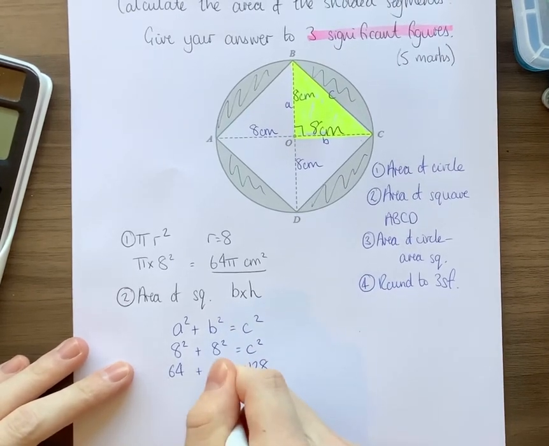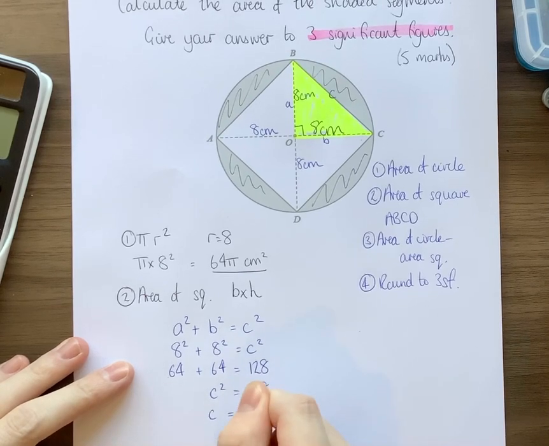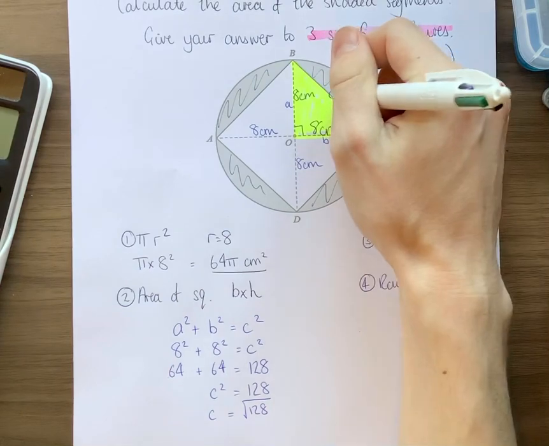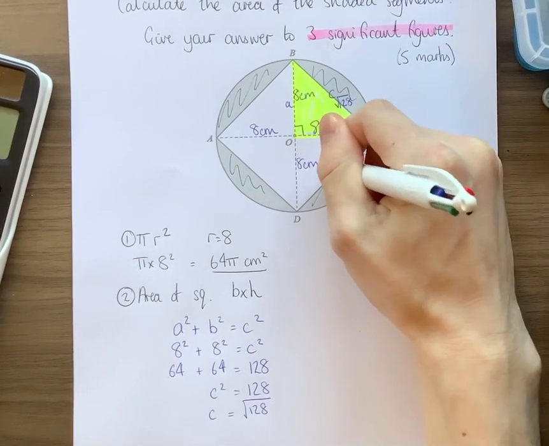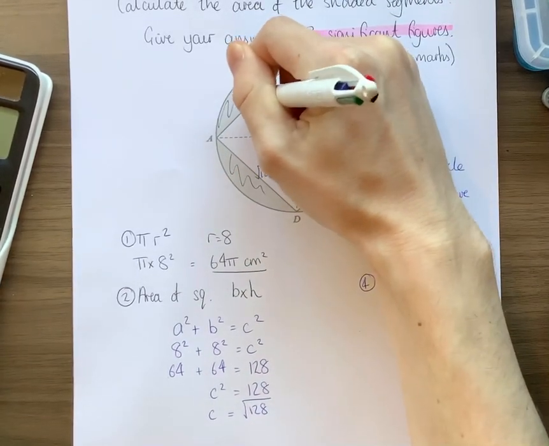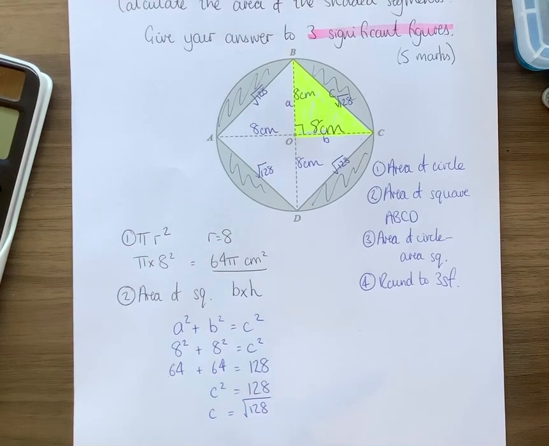So I know that c squared is 128, so c would be the square root of 128. So now I can label on that this distance here is root 128. And because it's a square, I know that each of the sides has that equal value. And again, I'm going to leave it like that because it's then accurate and I've not rounded.